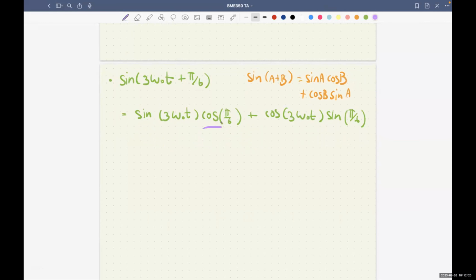And we know that cosine pi over 6 is root 3 over 2, and sine pi over 6 is 1 over 2. Therefore, the thing we're going to get is root 3 over 2 sine 3 omega naught t plus 1 over 2 cosine 3 omega naught t.